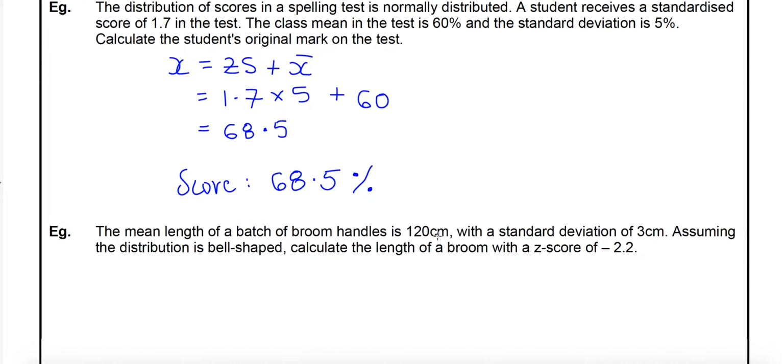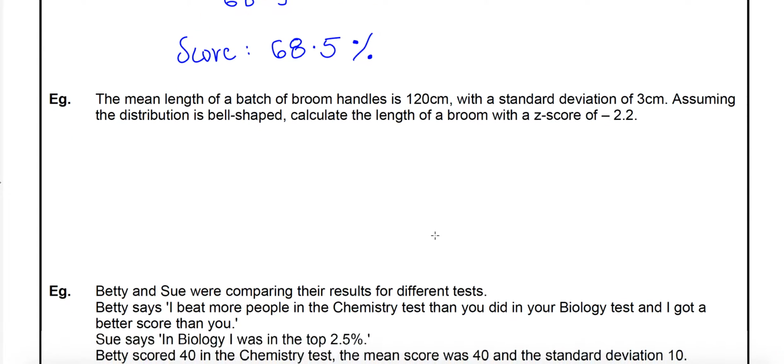There's another one here. The mean length of a batch of broom handles is 120 centimetres, and we've got the standard deviation. So mean and standard deviation here. Assuming that the distribution is bell-shaped, therefore normally distributed, let's get the length of a broom with a negative Z score here of 2.2, so negative 2.2.